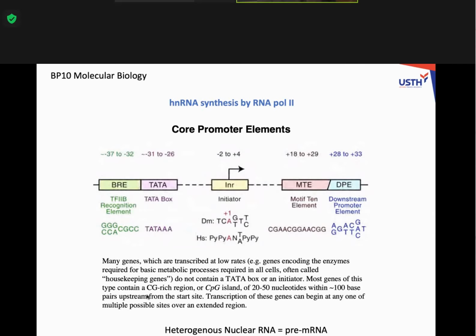They contain instead a GC-rich region and something like that. So what you have to keep in mind is that even though most of the genes transcribed by POL2 contain the TATA box, there are plenty where it's not very rare that you will never be able to find this consensus sequence.